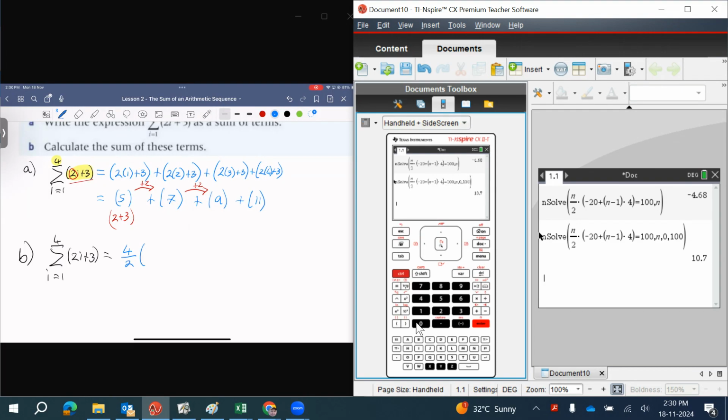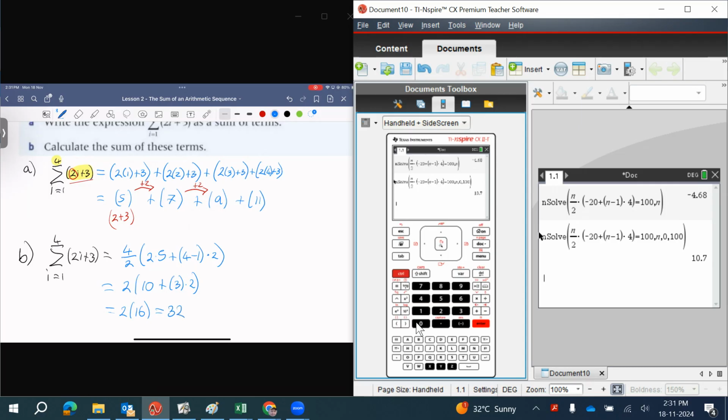Our first term is 5, so we need 2 lots of that, and then we need n minus 1, which is 4 minus 1 lots of d. So that's 2 times, that's 10, plus 3 times 2. And we have 2 times 16, so 32.